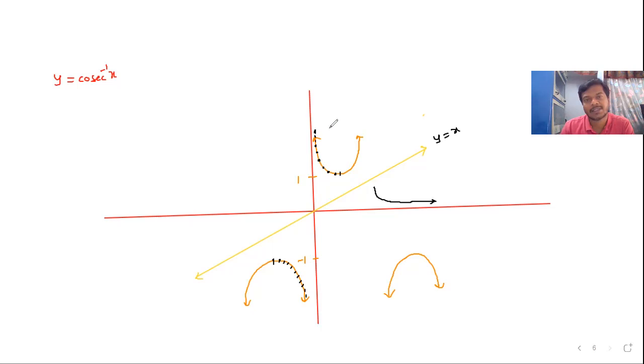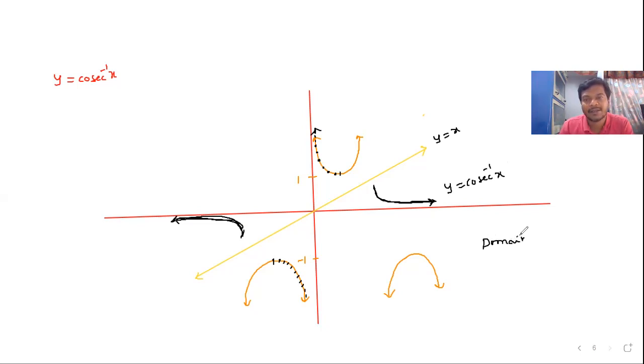It extends in the same way, symmetric graph. Next, the graph symmetric about y equal to x. For this, what we get is this graph. This is the graph of y equal to cosec inverse of x.